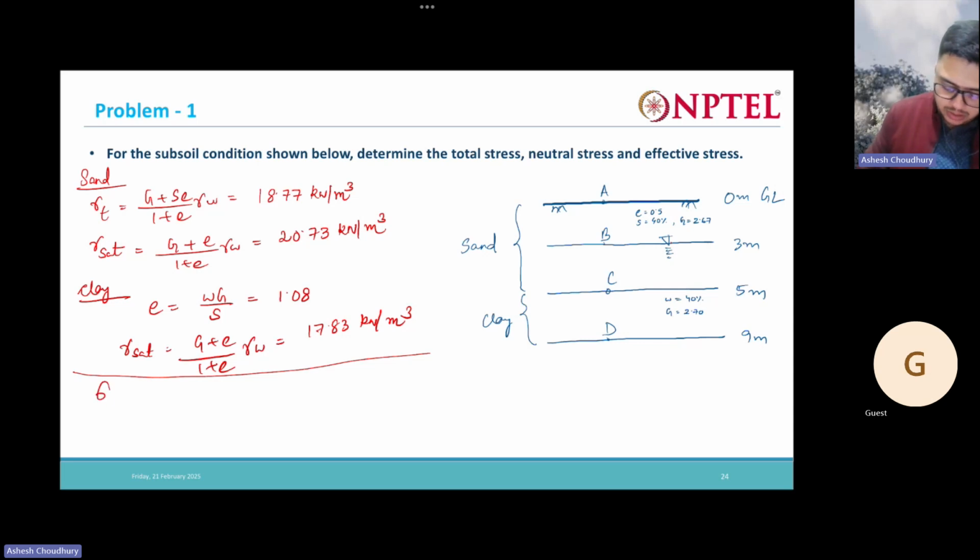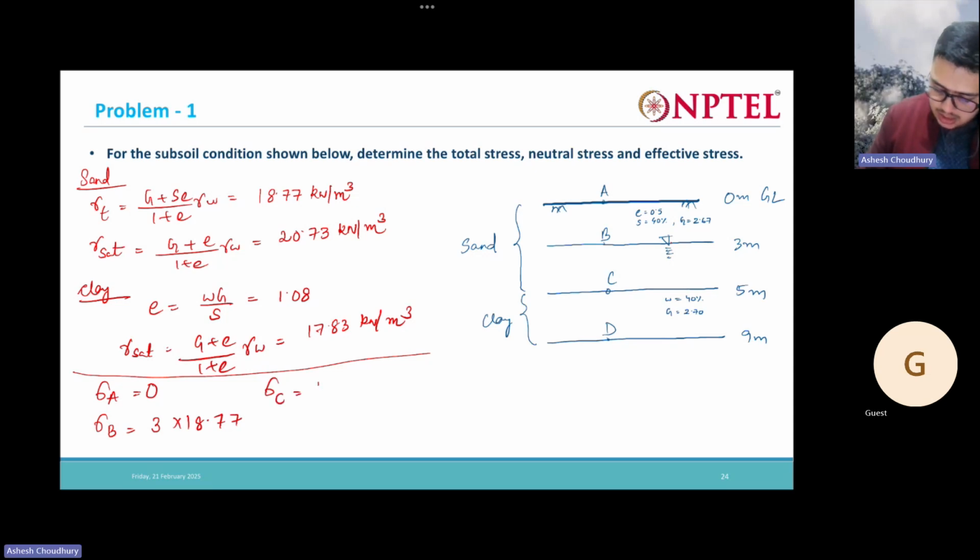Now at A, what is the total stress? It is 0. At B, what is the total stress? This height, 3 meters times the total unit weight, right? So 3 times 18.77. What is the total stress at C?